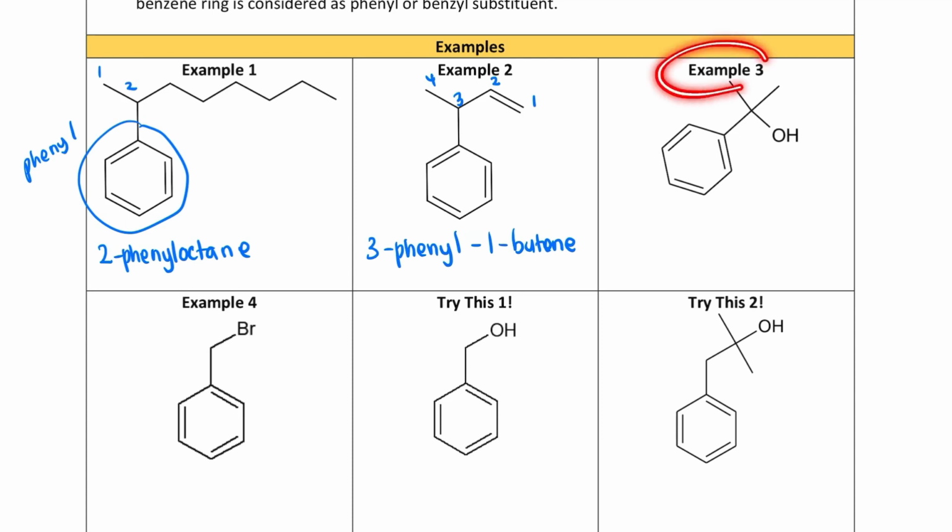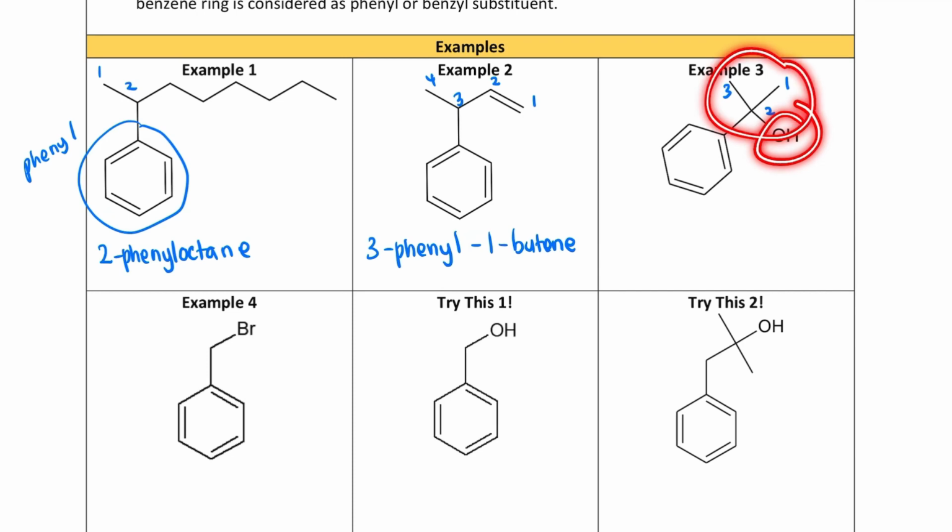Next, example 3 pula. Okay, for example 3, benzene lagi banyak carbon compared to dia punya substituent. Tapi masalah dia, ini ada important functional group which is OH. Priority dia tinggi lah. Okay, so yang luar ni akan jadi parent. Okay, so kita kena identify nama parent dulu because it looks complicated. Tapi tak adalah susah sangat pun. Kalau ini parent, longest carbon dia 1, 2, 3 lah. Okay, so 3 carbon. This is alcohol.